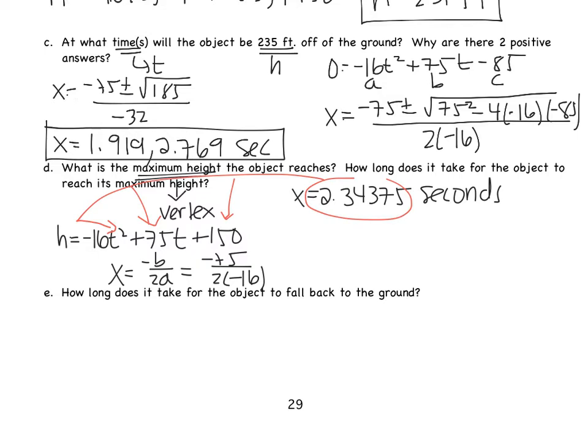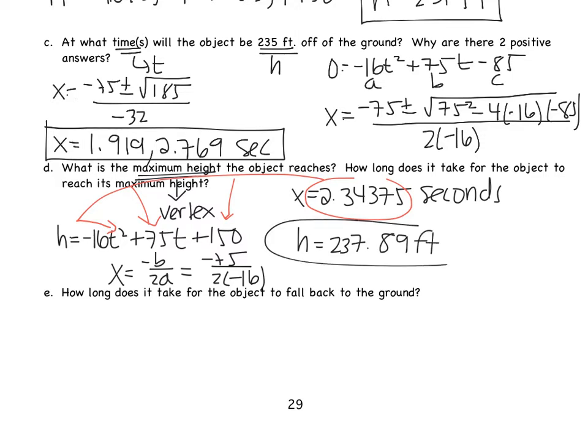So if you want to take a minute right now and try to put it in the calculator with me, I'm going to do negative 16 times 2.34375 squared plus 75 times 2.34375, plus 150. So when I do that, I get my maximum height to be 237.89 feet, about.